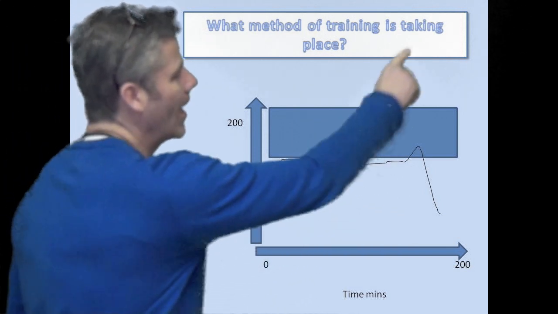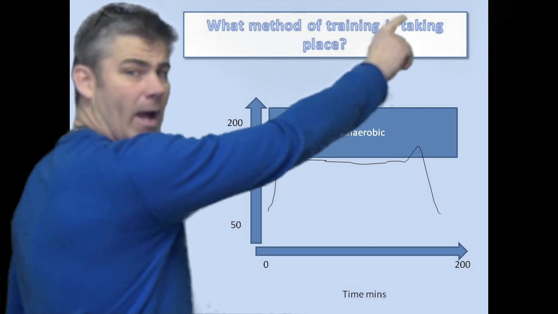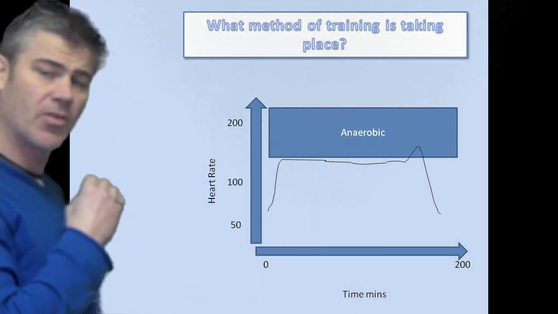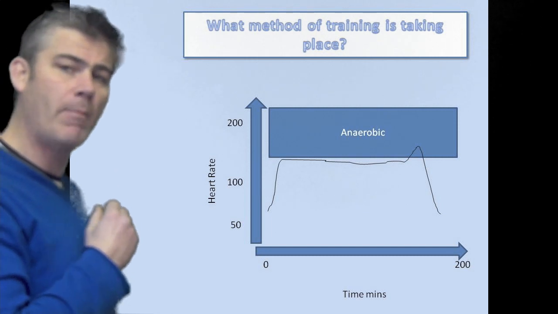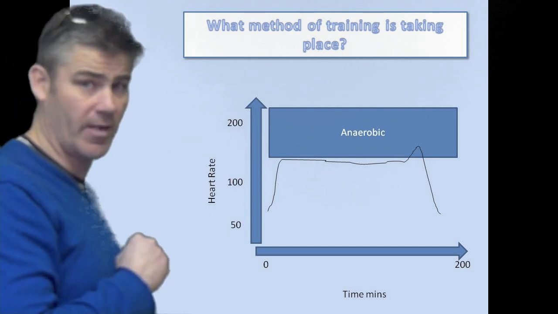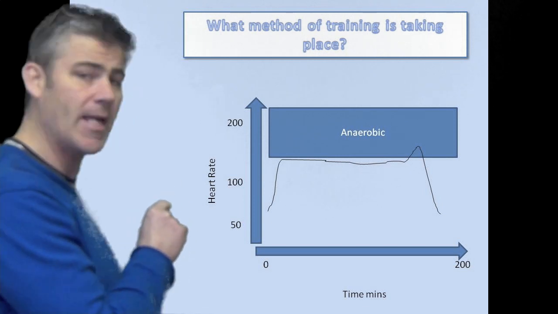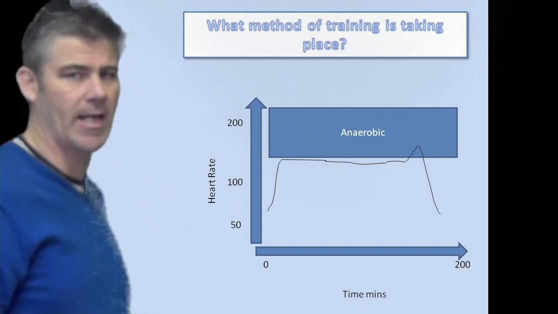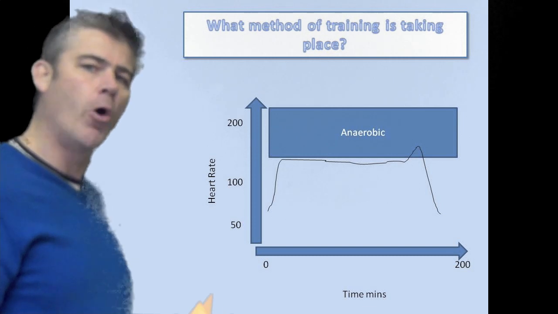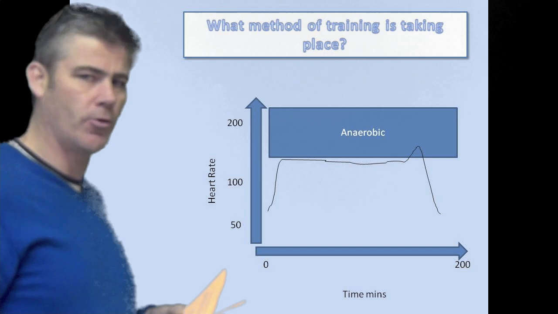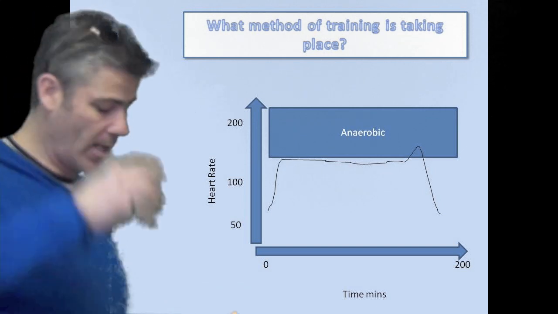And there's a sudden increase in heart rate closer to the end. So this, for example, may be the type of exercise required for a marathon runner with a sprint finish at the end. And therefore the method of training that is relevant to the performer here is continuous training.